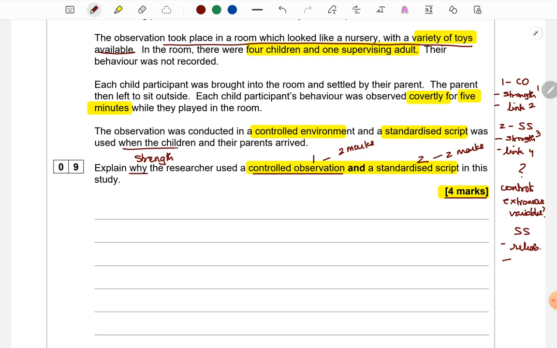So, when children and parents arrived, that is when a standardized script is used. So, we want the children and the parents to consistently behave in a certain way. We don't want different sets of parents and children to behave differently just because a different set of instructions is given to them.